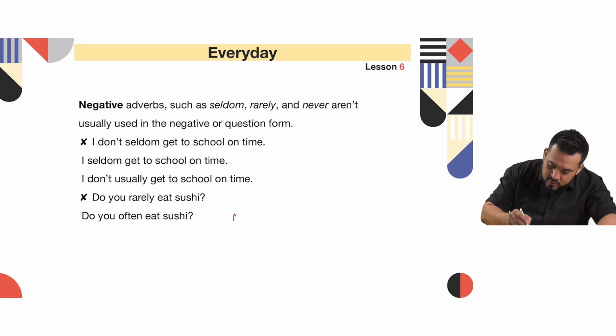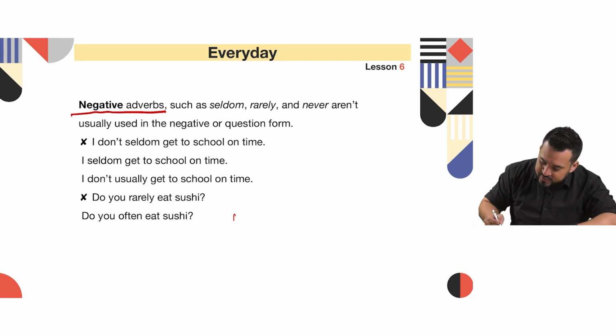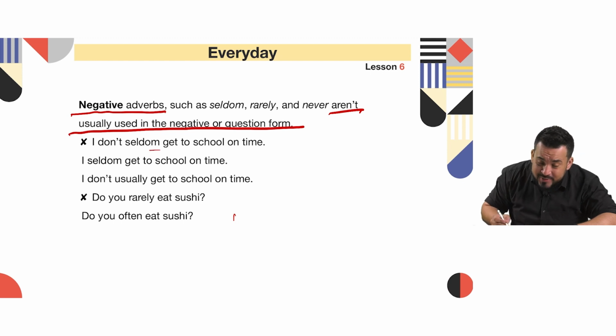So negative adverbs such as seldom, rarely aren't used in the negative or question forms. I don't seldom get to school on time. This is wrong. I seldom get to school on time. This is correct.